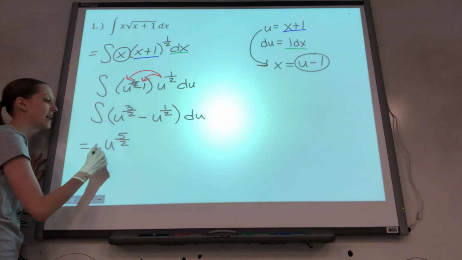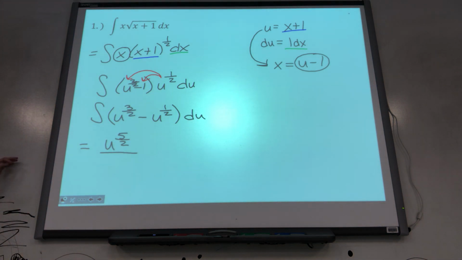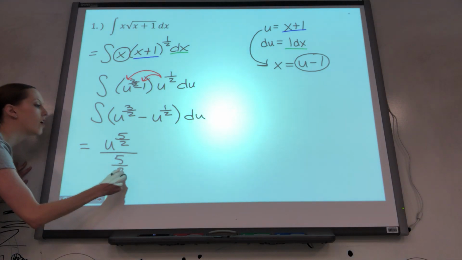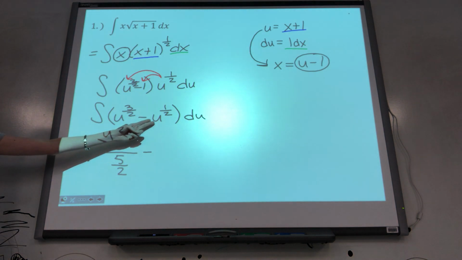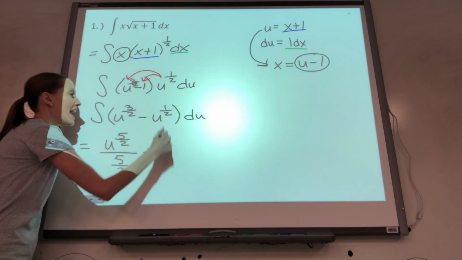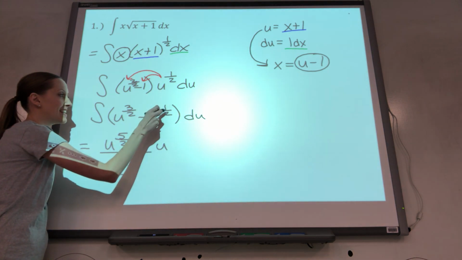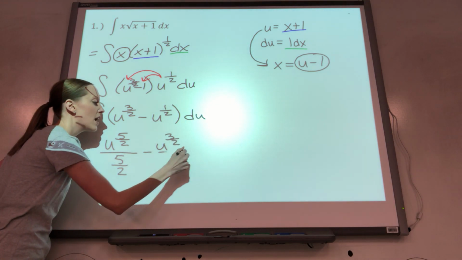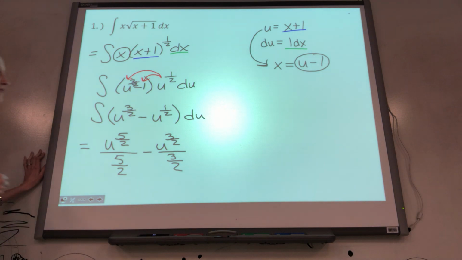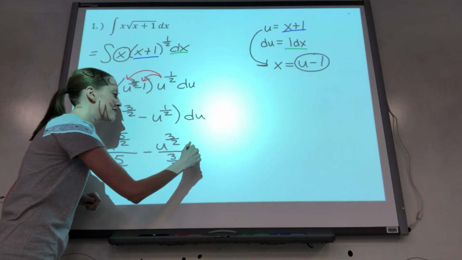So I'll make that u to the 5/2 power all over 5/2, minus, second part here, add 1 to that, it'd be like another 2/2 that I'm adding. So that becomes u to the 3/2 over 3/2.